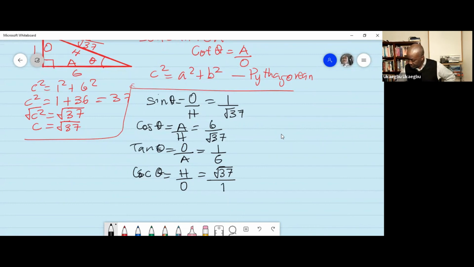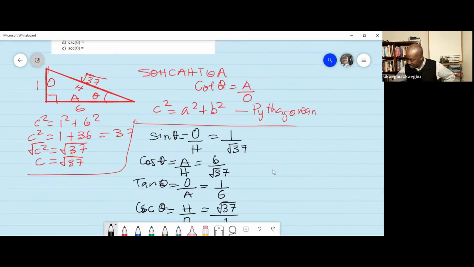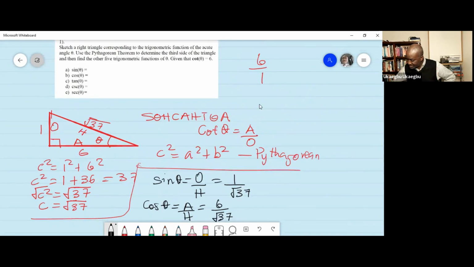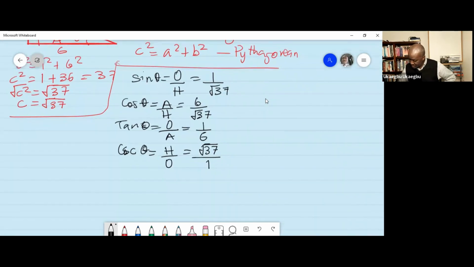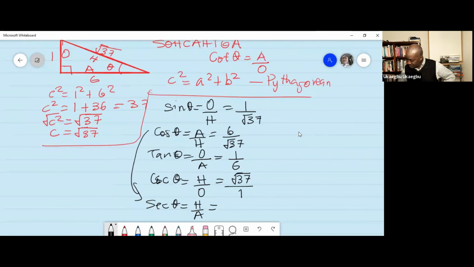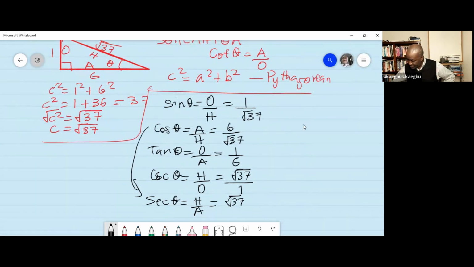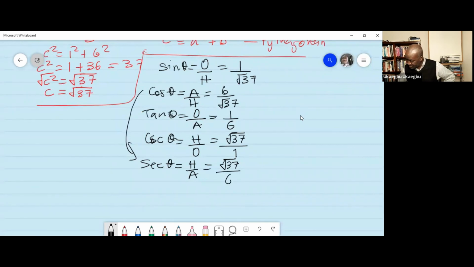The last one is sec theta. Sec theta is the inverse of cos, so it's hypotenuse over adjacent. Hypotenuse from our triangle is square root of 37 divided by the adjacent, which is 6.